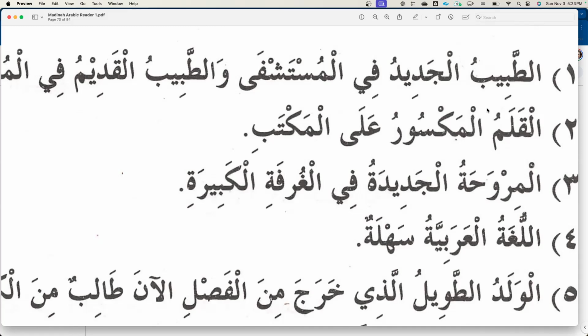For example, if I have a multi-adjective noun like al-walad al-tawil al-kabir al-dhaki, the tall, big, smart student, you will do it this way, and you wouldn't pronounce the endings.